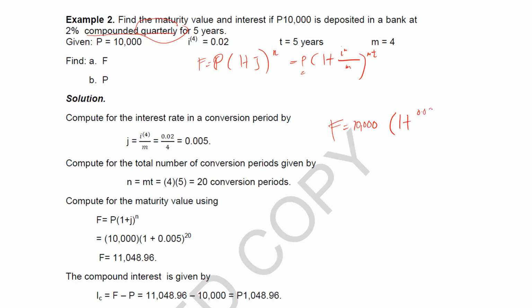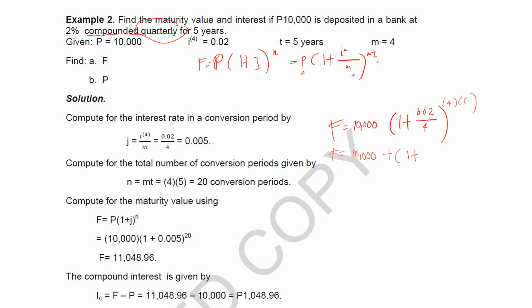So, 0.02 divided by the quarterly, which is 4, over M. What is M? This is quarterly, so 4. For the years, T is 5.